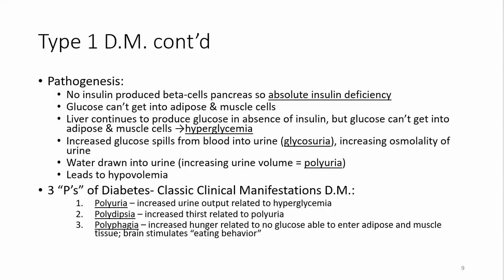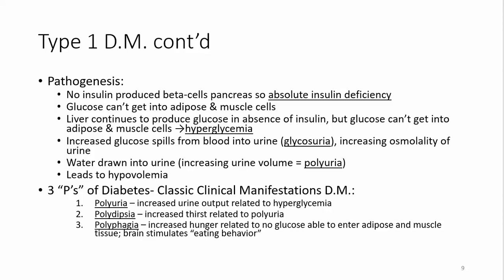The excess sugar in the blood then ends up in the urine. But now it's a solute in urine that isn't supposed to be there, so it changes the osmolality of urine. When that happens, you're unable to concentrate the urine.